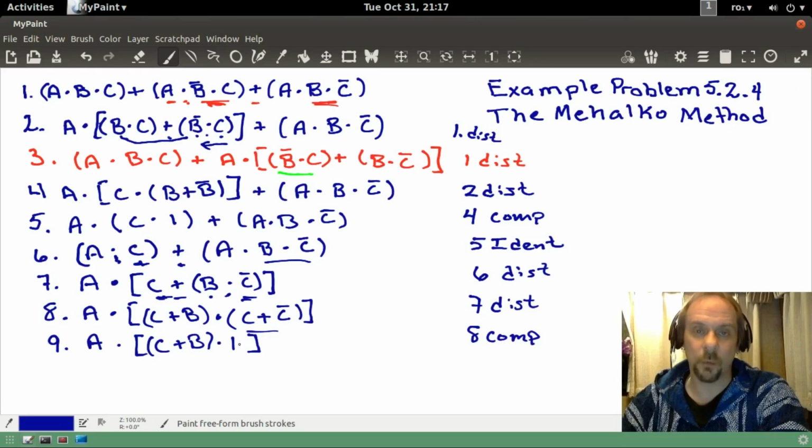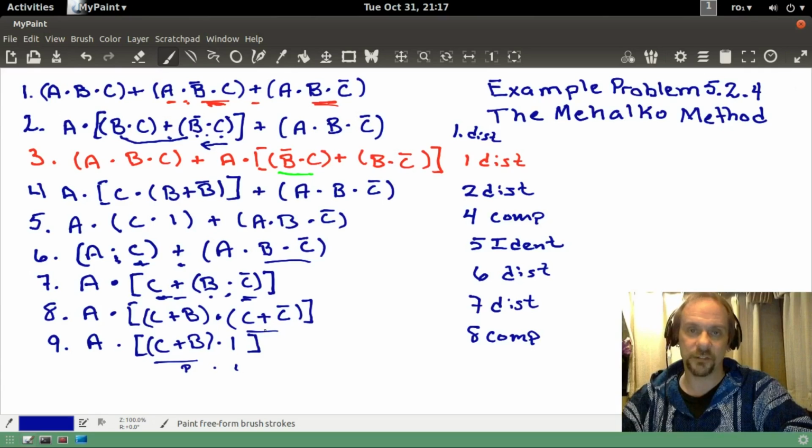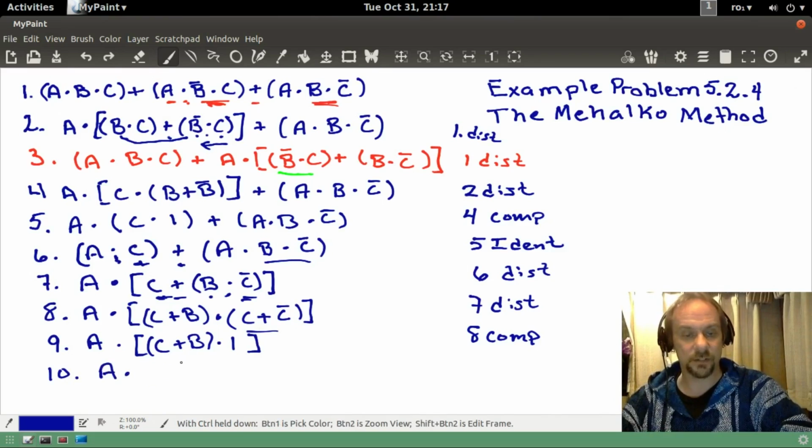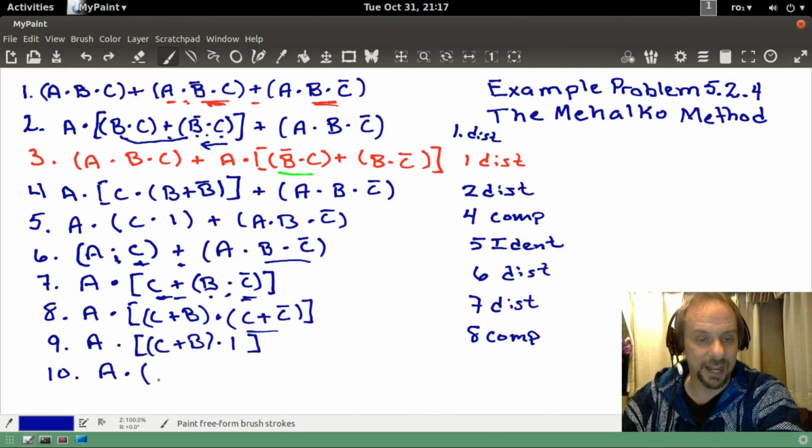And then that 1, any term of P and 1 is, of course, just P. So we can go ahead and on line 10, reduce this one more time, or simplify this one more time, to A and C or B from line 9 via identity.